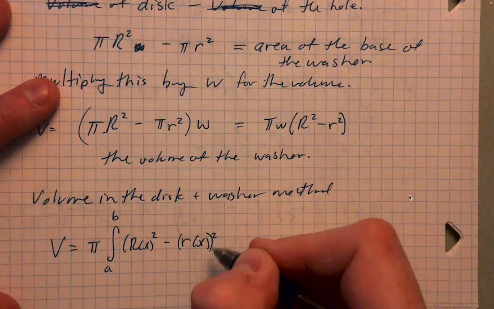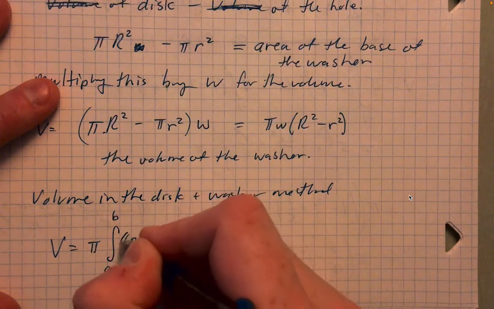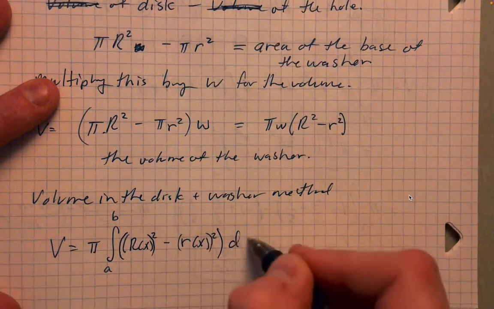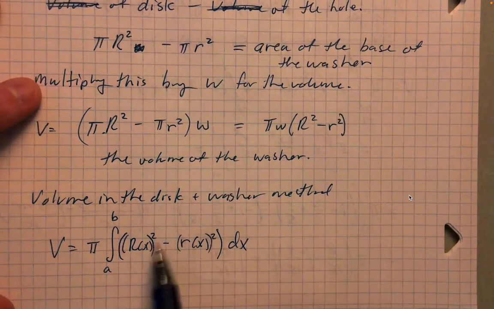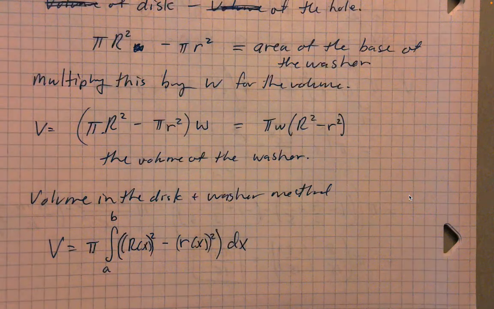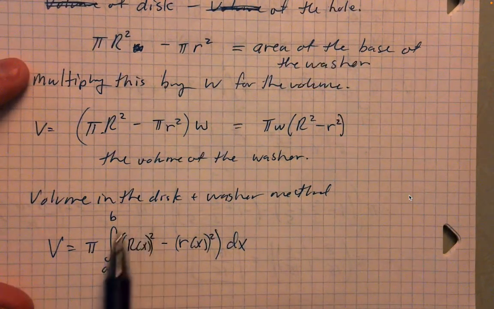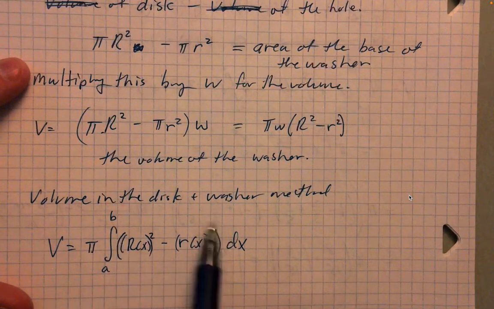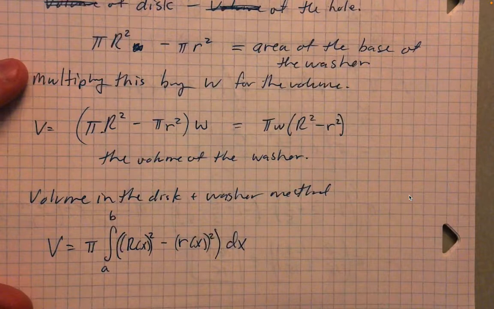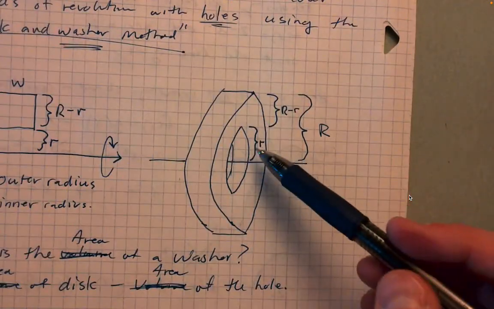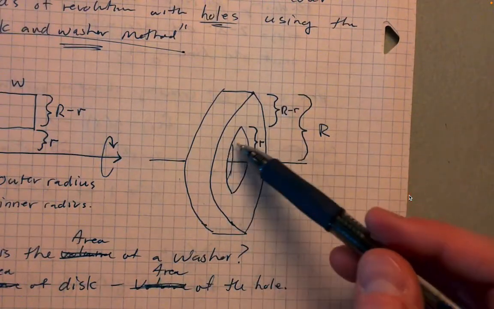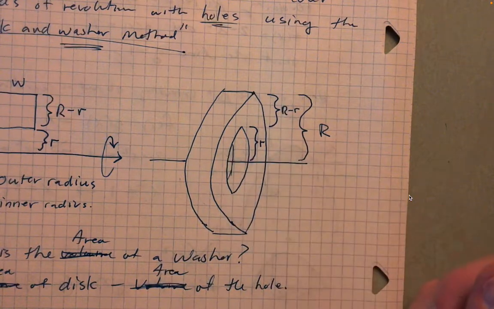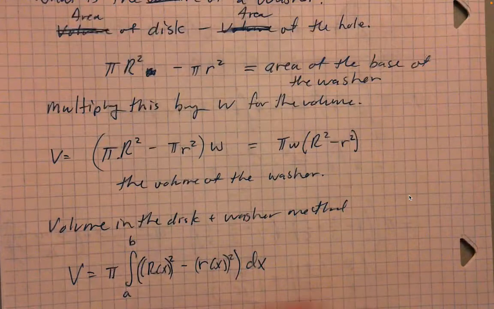I'm going to be careful here, we're squaring the whole function. This is basically just finding the volume based on the outer radius and subtracting off the volume based on the inner radius, like what we saw here. Find the volume of the whole disk, find the volume of the hole, subtract the hole from the disk, and you get the washer. So that's the idea.